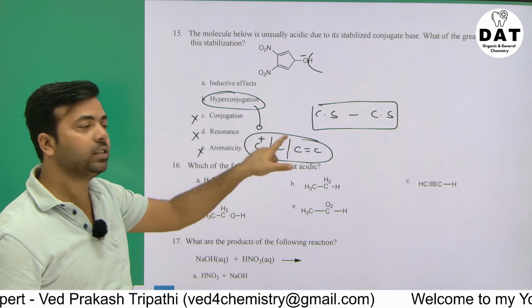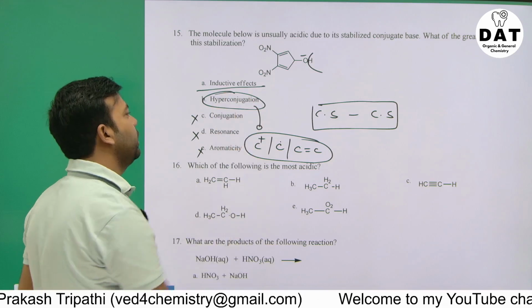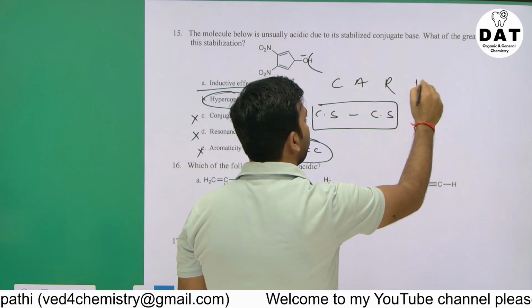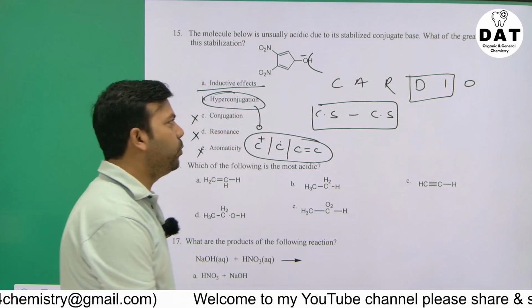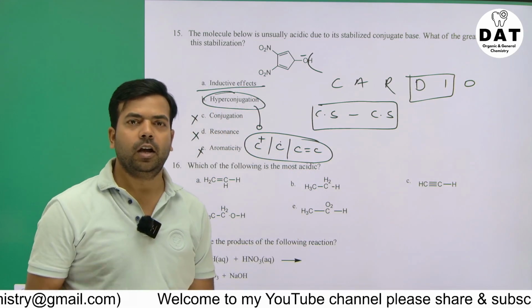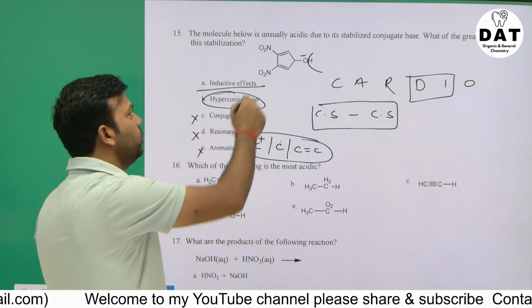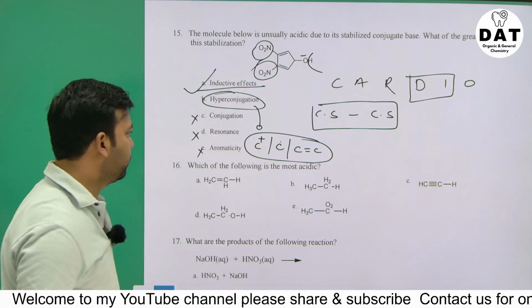So do not consider hyperconjugation. Clear? Inductive is the only factor here. This factor is called dipole induction, which means acidic strength is influenced by withdrawing group, and NO2 is a strong withdrawing group. Clear? So inductive will be the right choice.